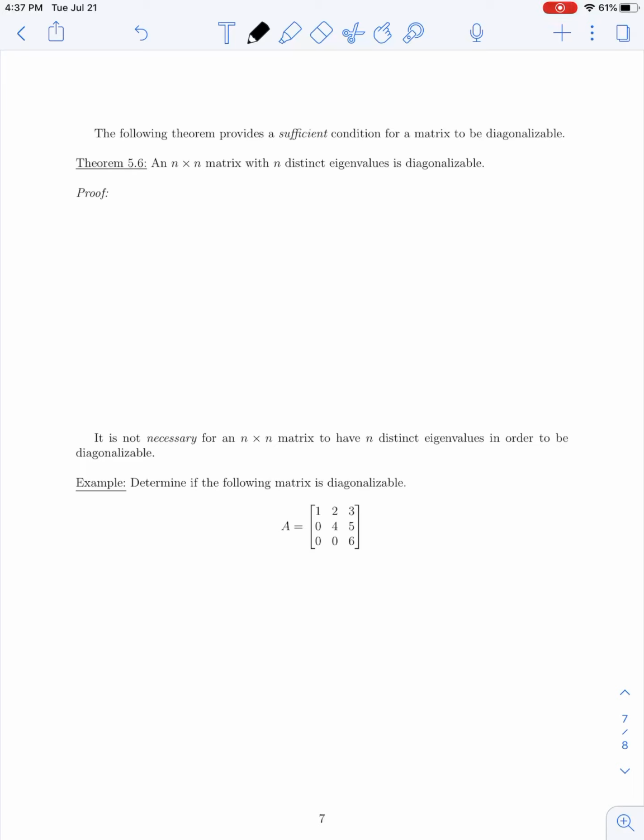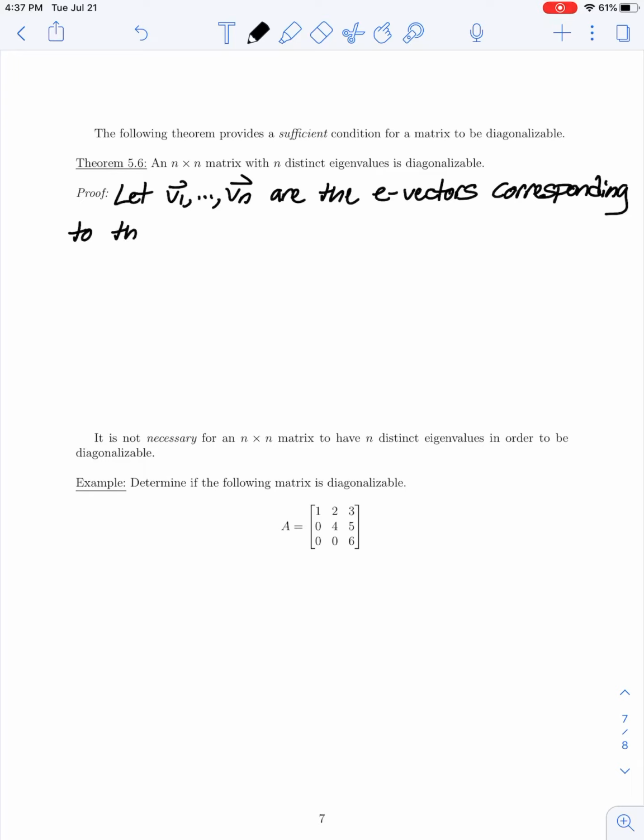So let's suppose that a matrix does have n distinct eigenvalues, and let's suppose that the vectors v1 through vn are the eigenvectors corresponding to the n distinct eigenvalues of our matrix.